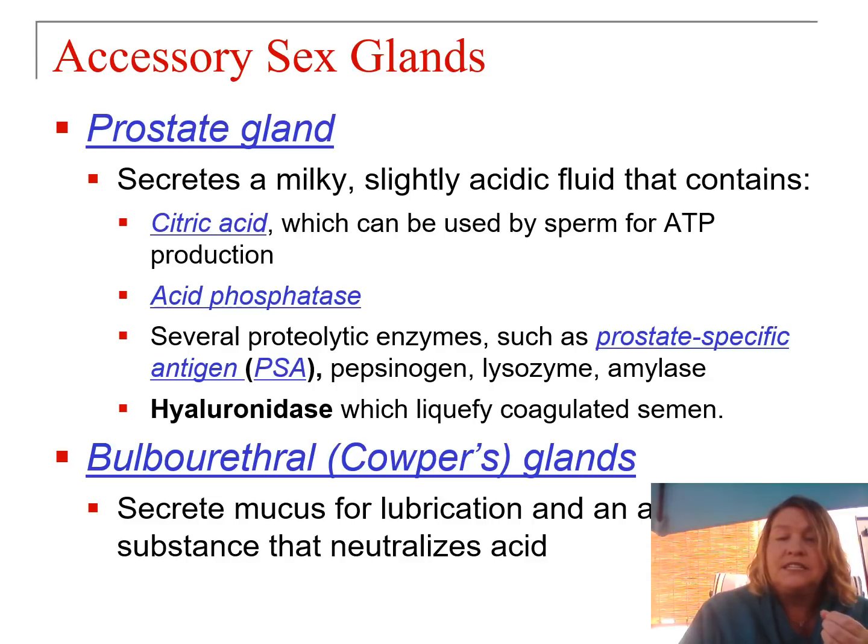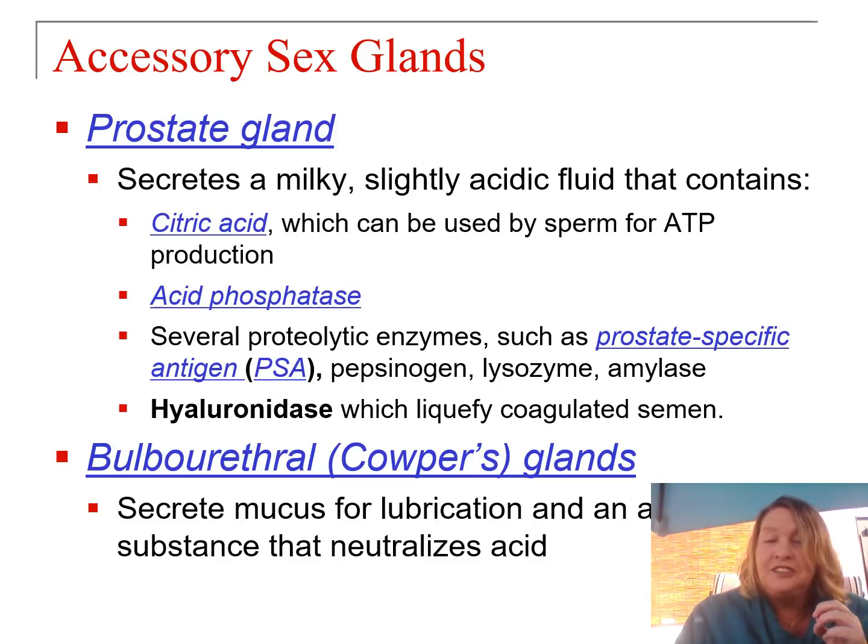It also has some enzymes in it, and one of those enzymes that is used medically is prostate-specific antigen, PSA. And this is becoming controversial, but in the past it's been used to test males over the age of 50 if their PSA levels increased. It was maybe a sign there might be prostate cancer present. But it's been found by studies that maybe that's not really what's going on. So anyway, that's under investigation.